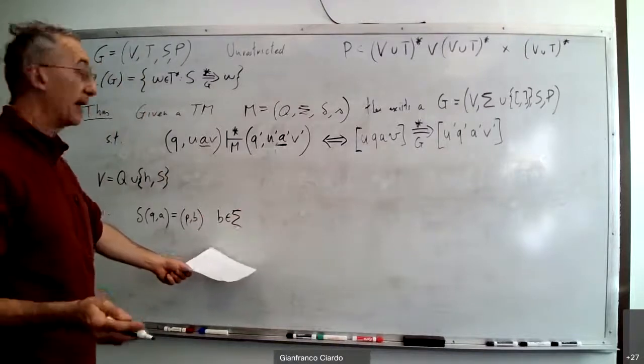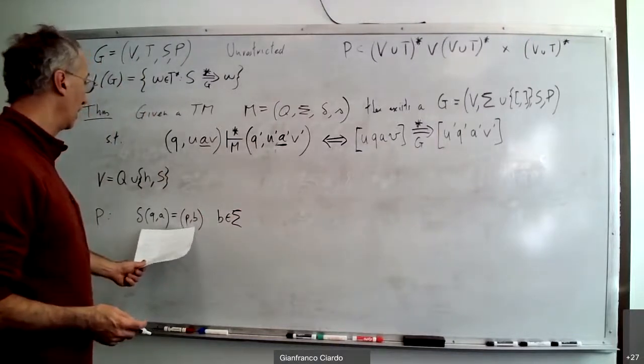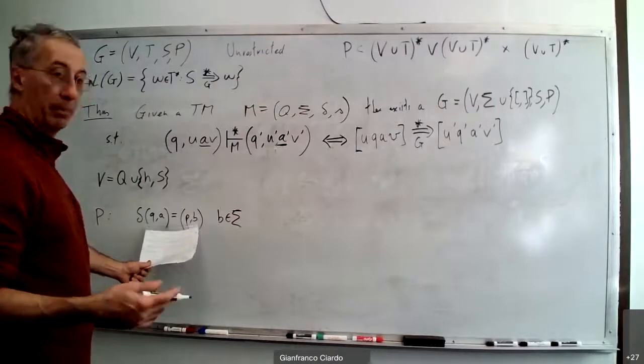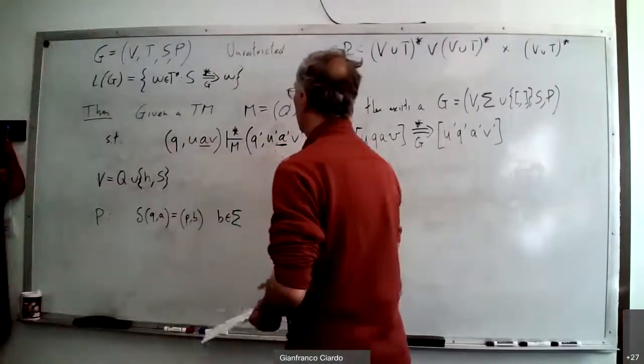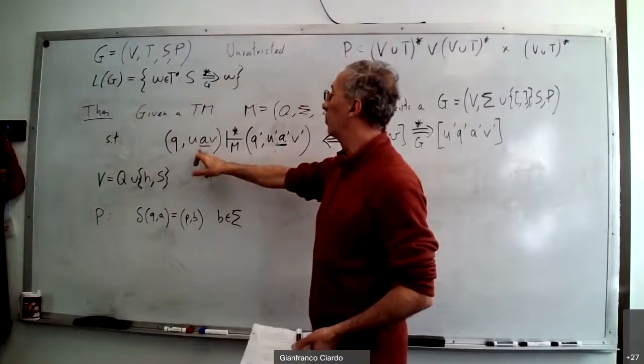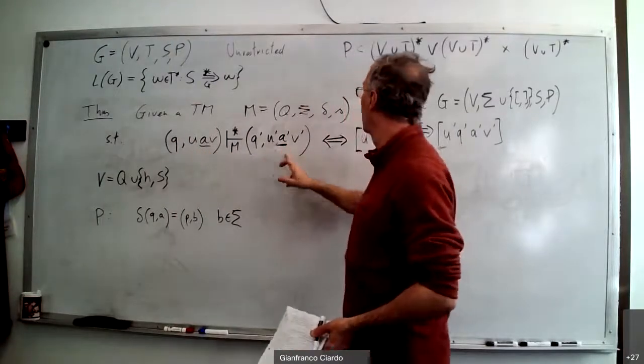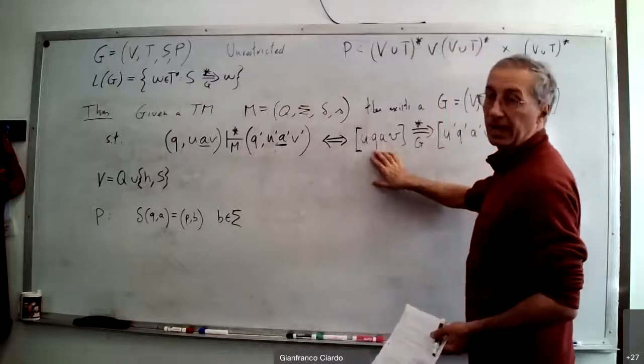It's not left or right. This could be state P, left, right, or B is a symbol. So when it is a symbol, then what does it mean? So in one step, all it would do is change this A into a B. And so here we want to do the same.